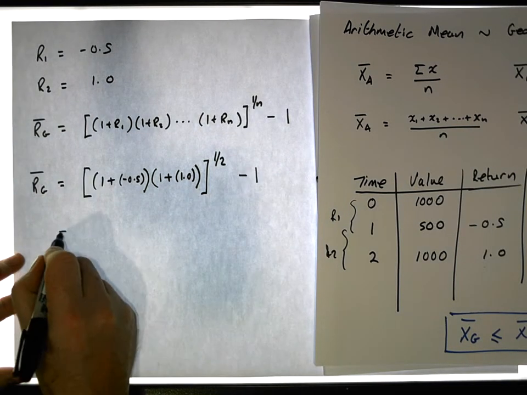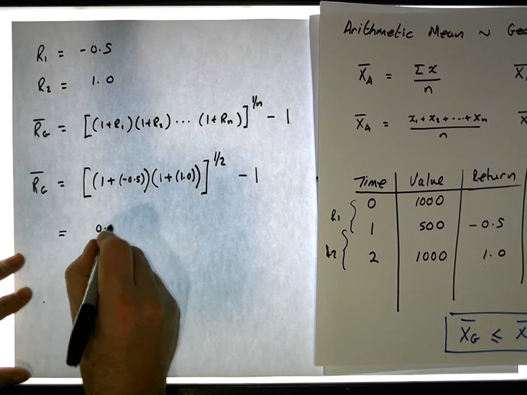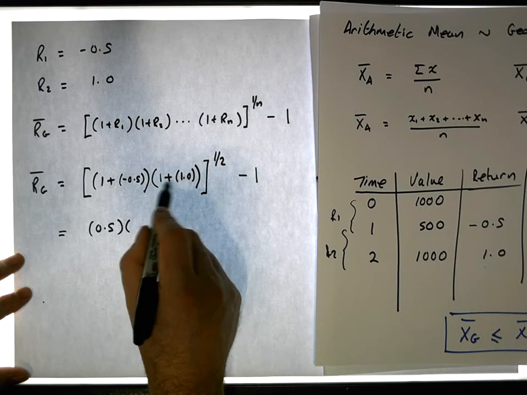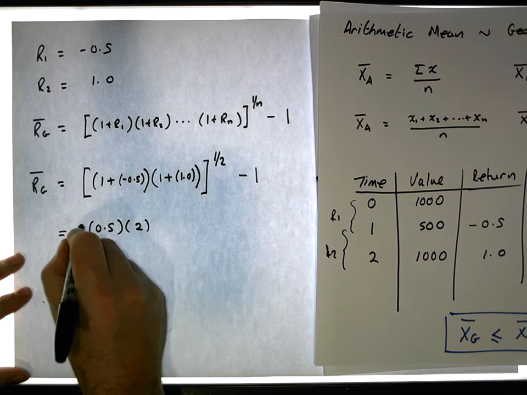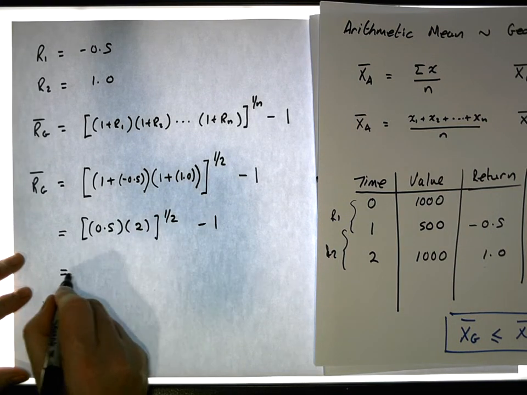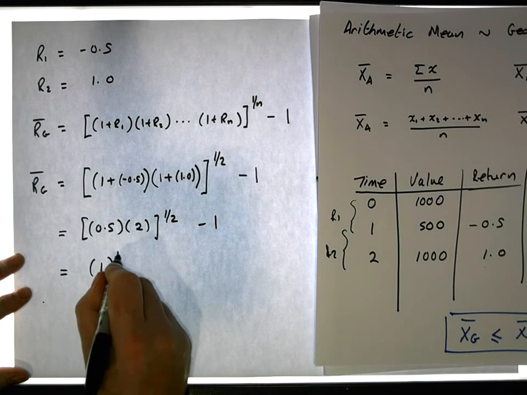So what does that give us? Let's do everything inside the brackets first. 1 plus minus 0.5 is the same as 1 minus 0.5, which gives us 0.5. And then here 1 plus 1 gives us 2. That needs to be raised to the power of a half, and we need to take 1 away from that. So what do we get here? 0.5 times 2 gives us 1, and that needs to be raised to the power of a half, minus 1.